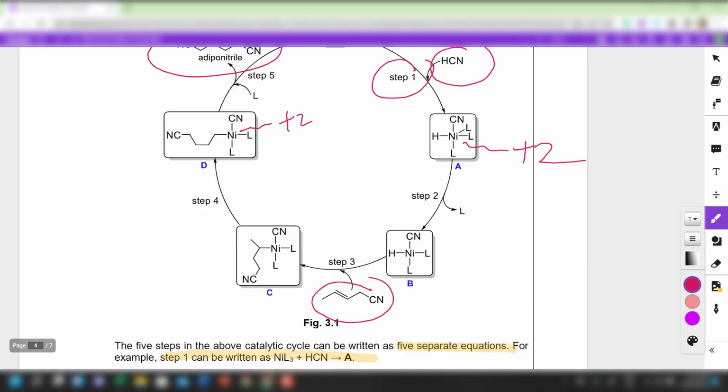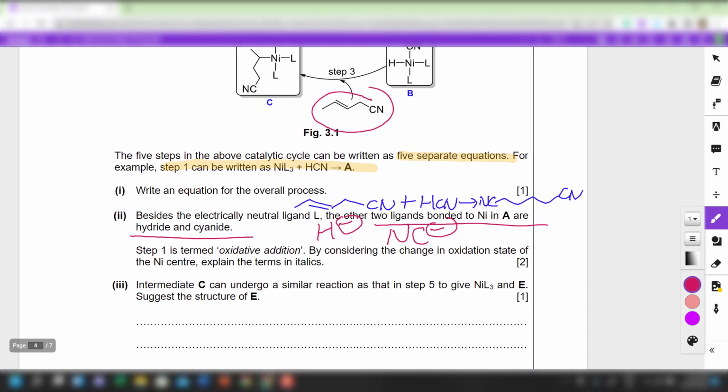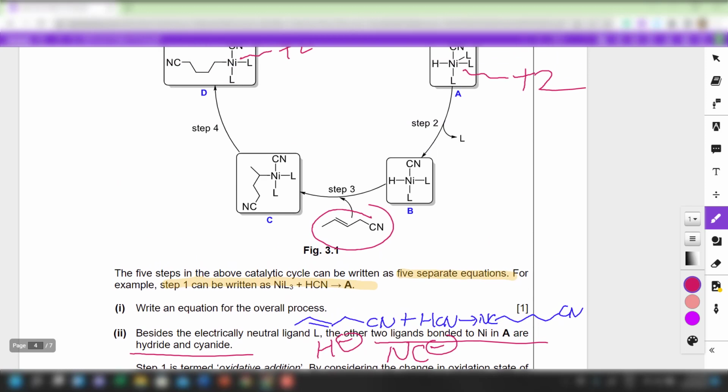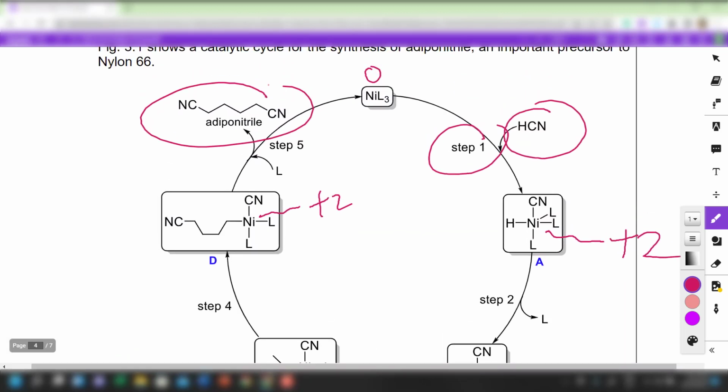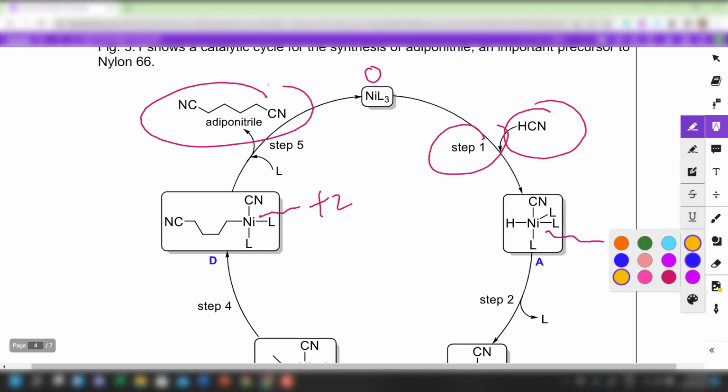You are actually asked to apply that in part 3, although you were not told the term reductive elimination, because you were told that intermediate C can undergo a similar reaction as that in step 5 to give NiL3 and E. So from the pattern here, you notice that for reductive elimination to take place, I'm going to highlight, it is between this carbon and this carbon.